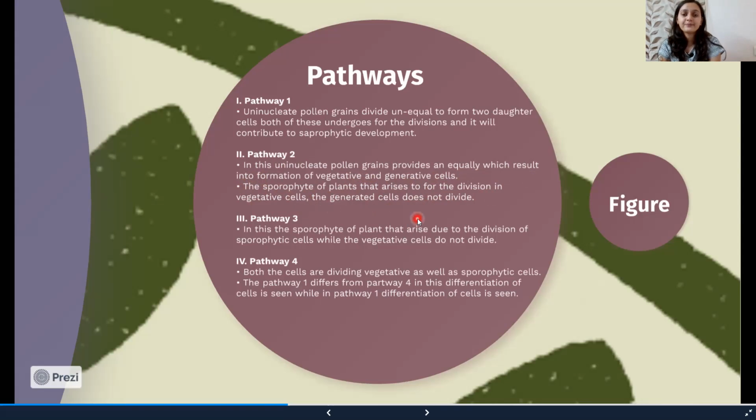So the vegetative cell divides and the generative cell does not divide in pathway 2. In pathway 3, the sporophyte of the plant arises from the generative cells. In this pathway, vegetative cells are not divided, only the generative cells are divided.